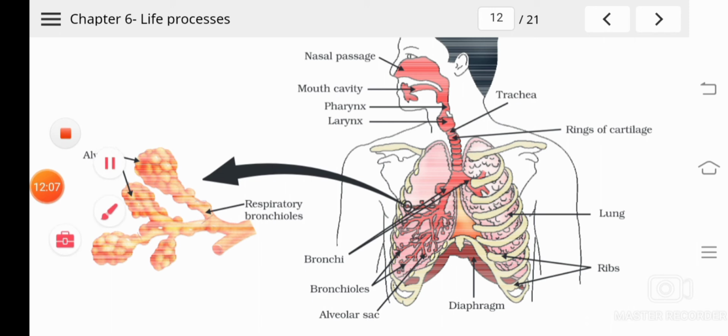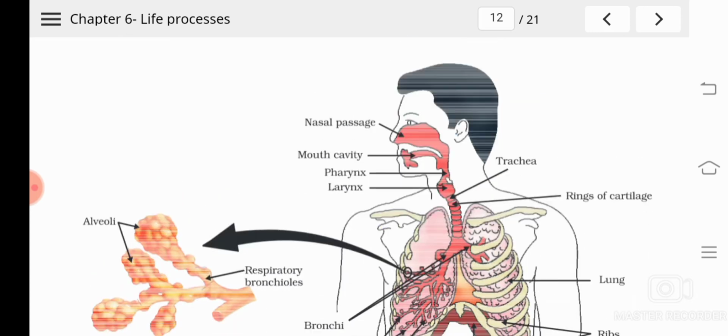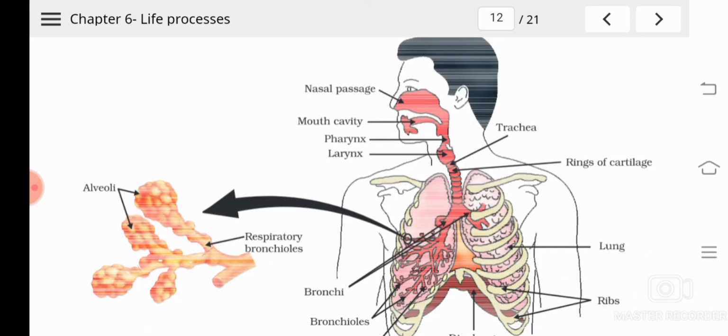When you see alveoli, just imagine a balloon which has many blood vessels or blood capillaries around it. When you respire, or when you inhale, the gas you inhale will not only have oxygen, it will contain all the components of air: nitrogen, helium, oxygen, carbon dioxide, all that will be there.